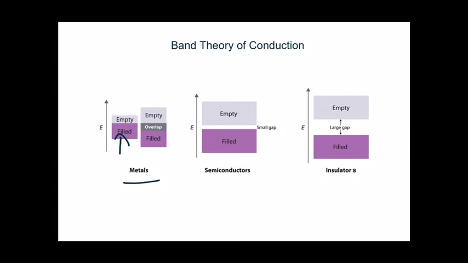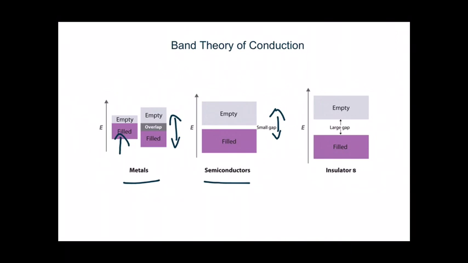and that is how they are able to conduct electricity. In the case of metals, electrons can easily jump to the conduction band as there is no energy gap between the valence band and the conduction band. They are almost overlapped. But in the case of semiconductors, there is a small energy gap between the valence band and the conduction band.